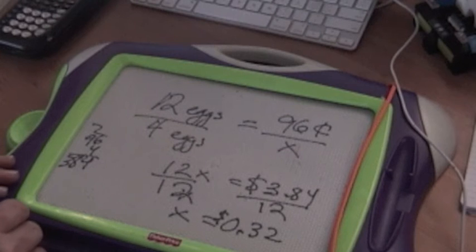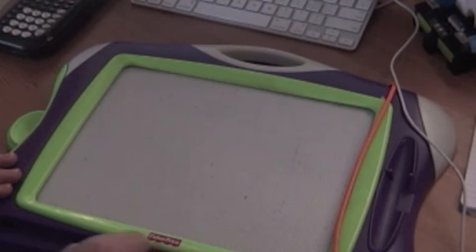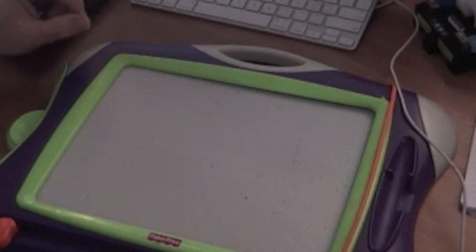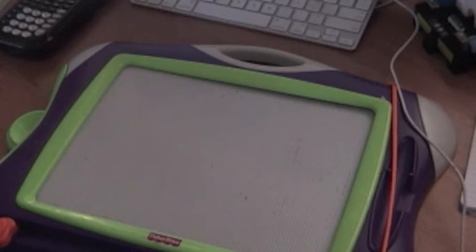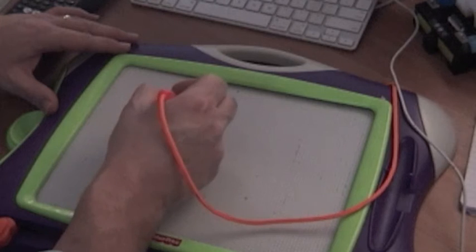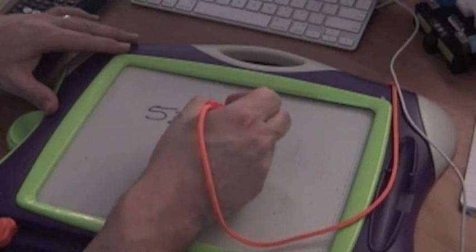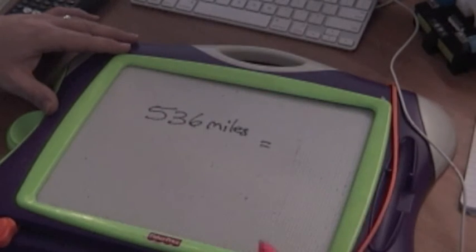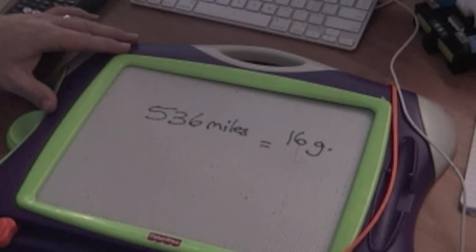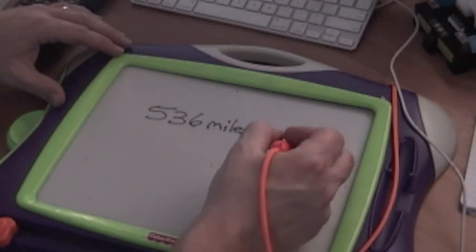Let's look at one that's a little more challenging. Number 19. No, let's do number 17. If a car can travel 536 miles on 16 gallons of gas, how far can it travel on 10 gallons of gas?